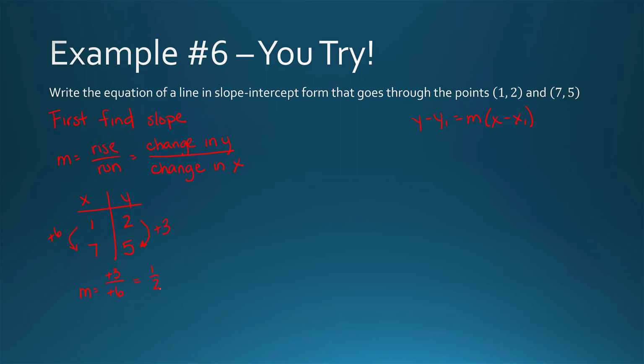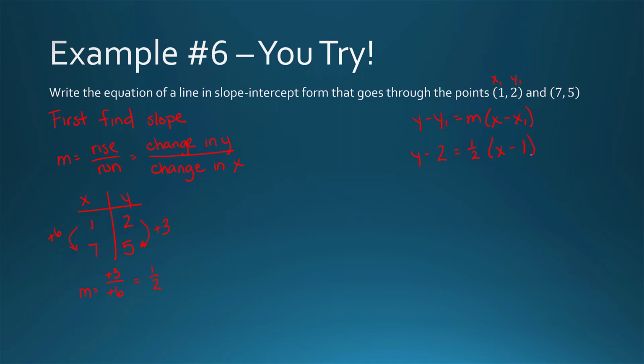Now I'm going to go over here, and I'm going to use my first point as my x1 and y1. And I'm going to plug my slope and my point into this equation. So y minus y1 is 2, equals my slope, 1/2, times x minus x1, which is 1.